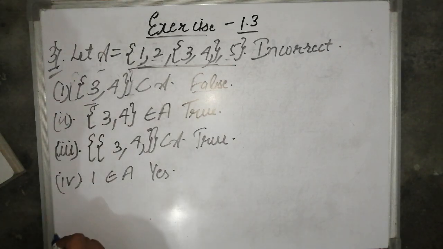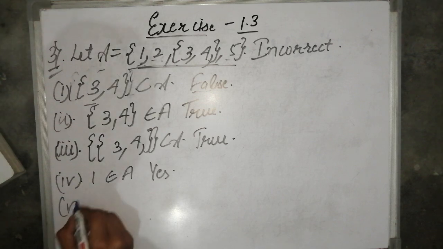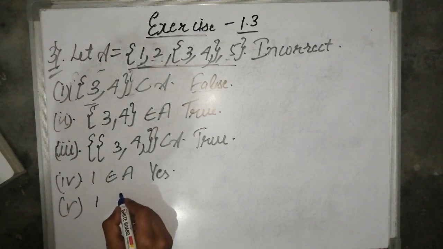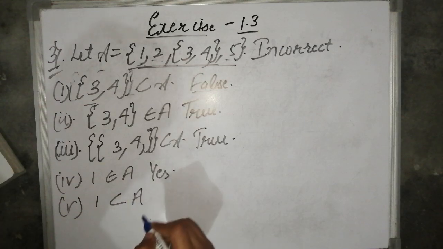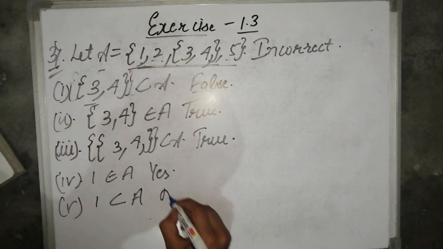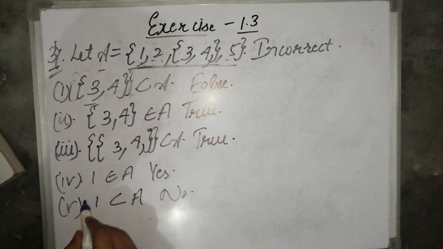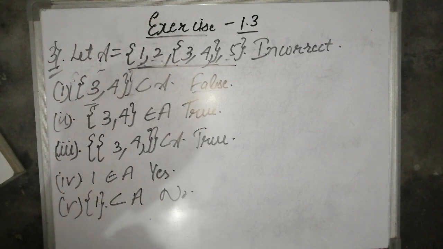Moving to the fifth part, we have 1 is subset of A. No, 1 is not a subset because it is not mentioned in these curly brackets. If it was mentioned in these curly brackets, it would be a subset.